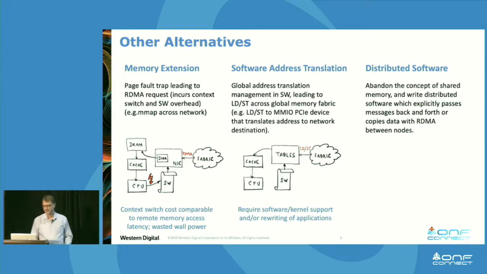I'm going to instead move on to one of the other building blocks that we're looking at in order to build a kind of unique system that I'm going to describe. One of the issues with cache coherency is it's closely tied to the CPU architecture. You have an Intel architecture or an ARM architecture. Every one of those architectures has their own cache coherency system. They may or may not be available to you from an architectural perspective.